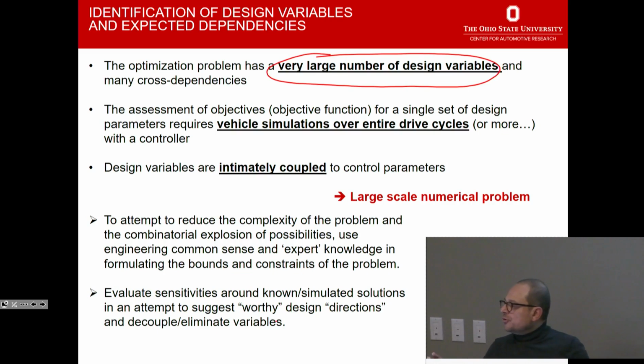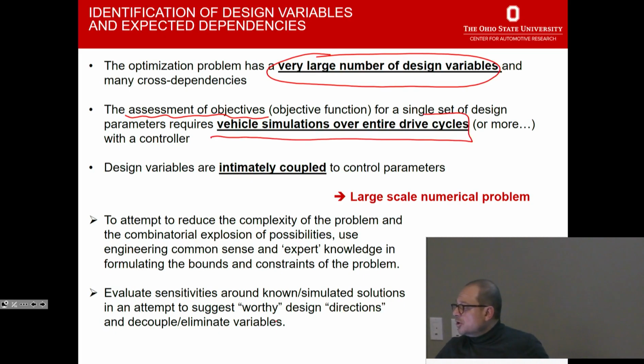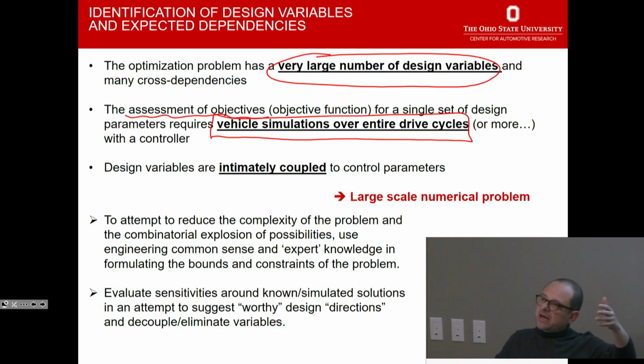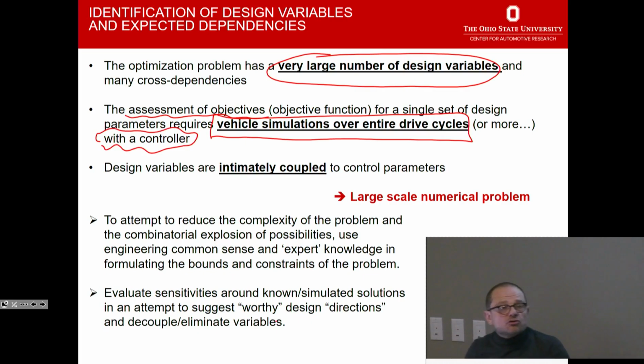Then you're going to have to assess the objective function. You're going to have to say, okay, here is a design. How does it do? Well, I'm going to have to simulate it over a drive cycle, right? I'm going to have to say, okay, I came up with a design. Let's drive it over an urban driving cycle, a highway driving cycle, a mountain driving cycle, and let's see how it does. And I have to do this with a controller.